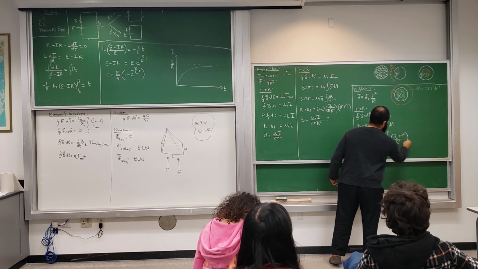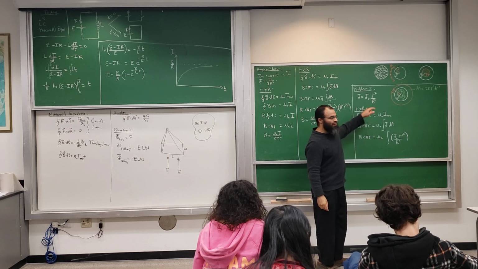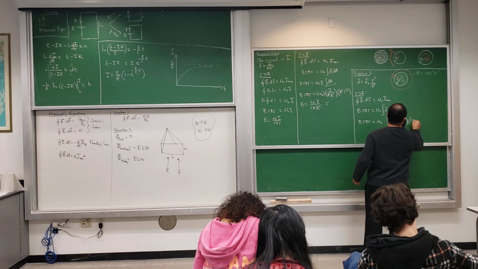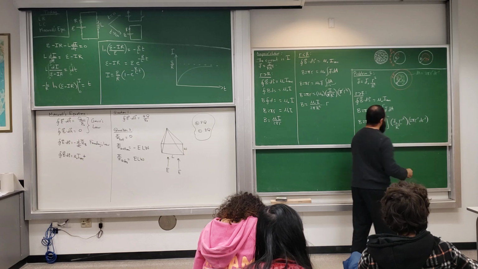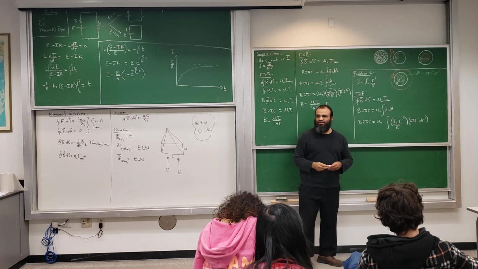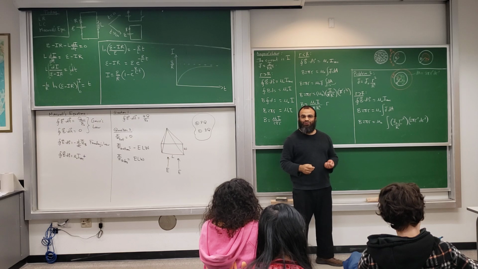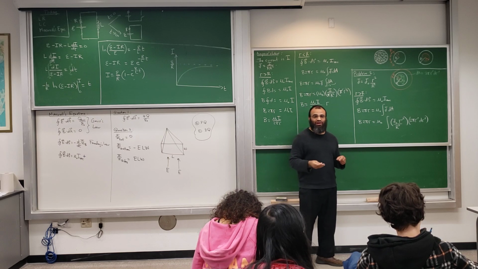I have to put r prime for J because I'm integrating with respect to r prime. And then the area is 2 pi r prime dr prime. What are the limits of integration? 0 to capital R. I want the current through the whole area.